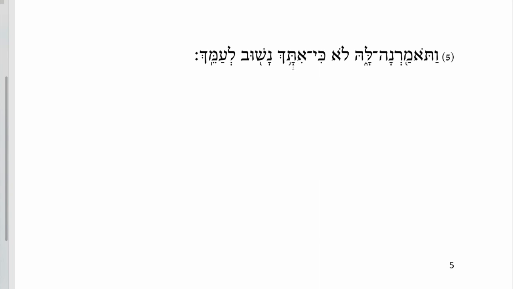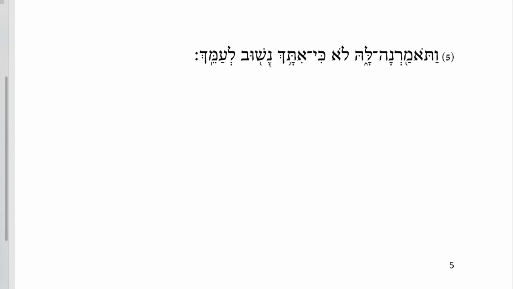For with you, ach, this is our second feminine singular object suffix, meaning Naomi. For with you, nashuv, this is from our root shuv, to turn or go, and a nun on the front of it. With nun added to the front of your verb. It could be a niphal, I suppose, but this is the first common plural, right? The imperfect. This is a qal imperfect first common plural.